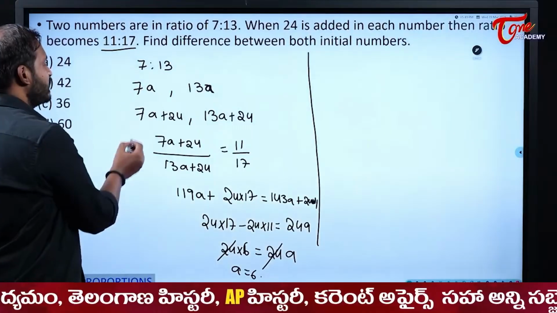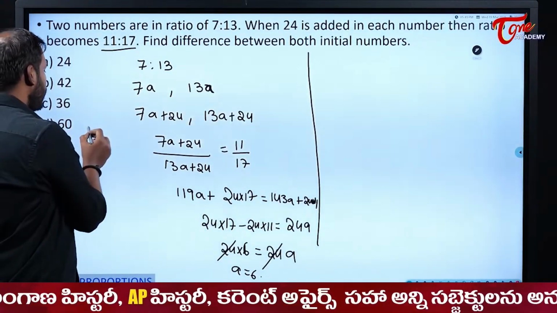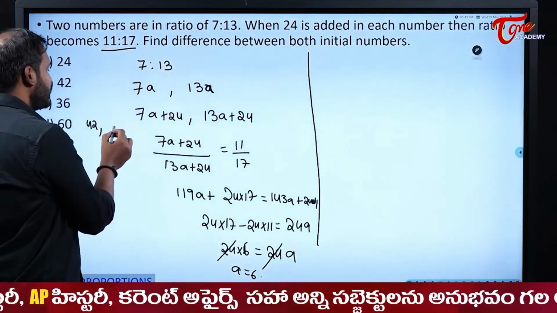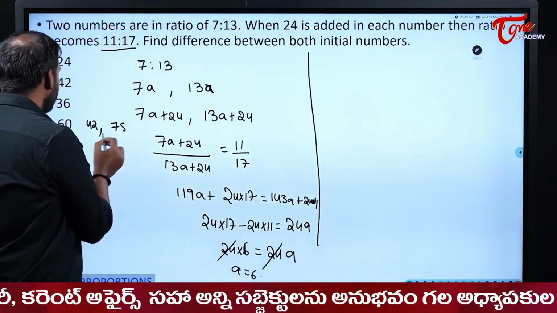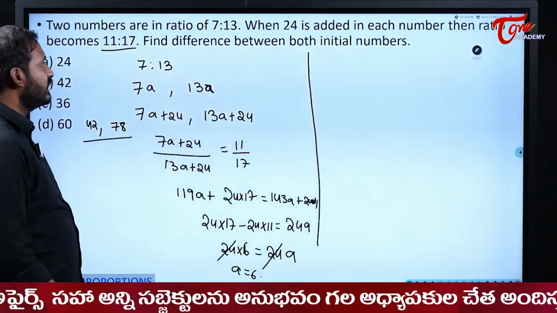So the initial numbers are 7 into 6 is 42 and 13 into 6 is 78. So the two numbers are 42 and 78.